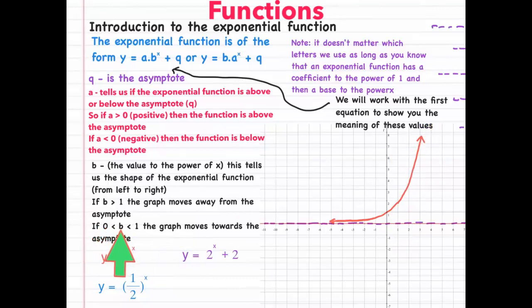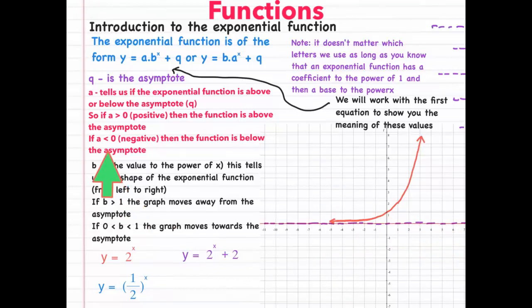If b is greater than 0 but less than 1, in other words, b is a fraction, the graph moves towards the asymptote as we go from left to right. So it will go like this, towards the asymptote.